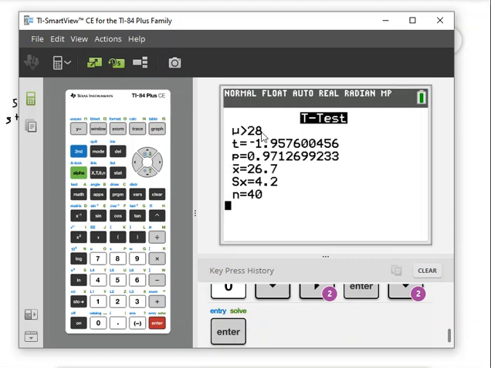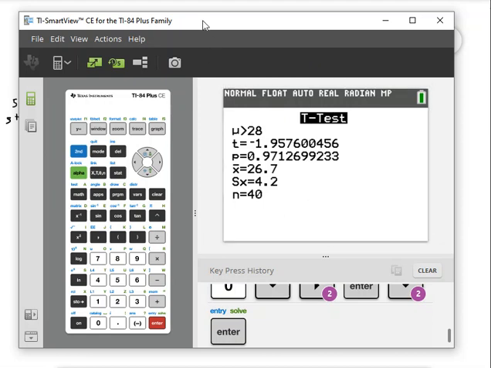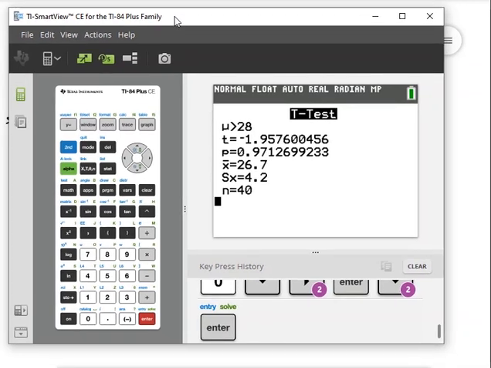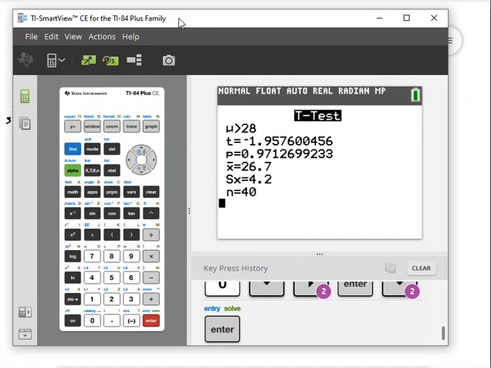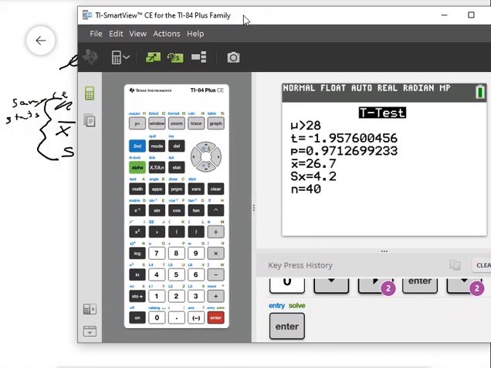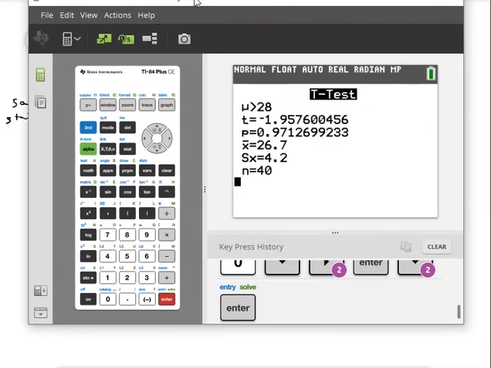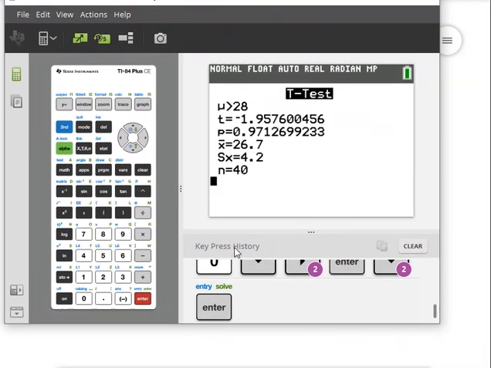Now, we're going to remember these numbers, and we're going to come back to this. I'm just getting used to this, so it is a little bit of a difference. So let's go back.